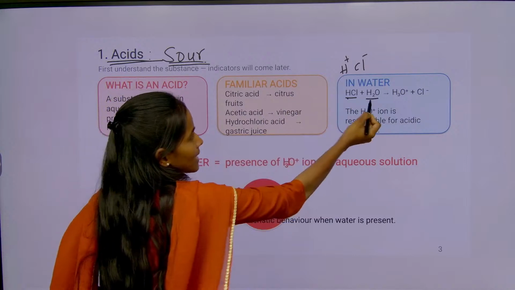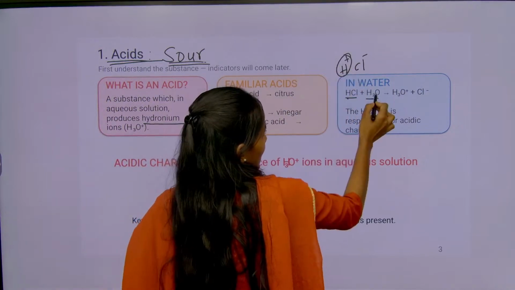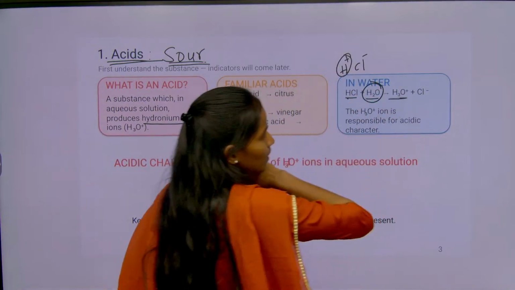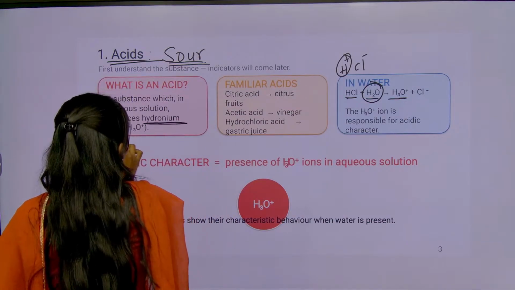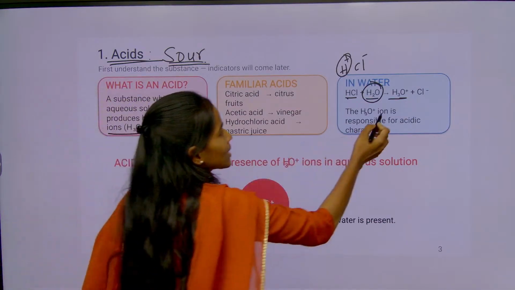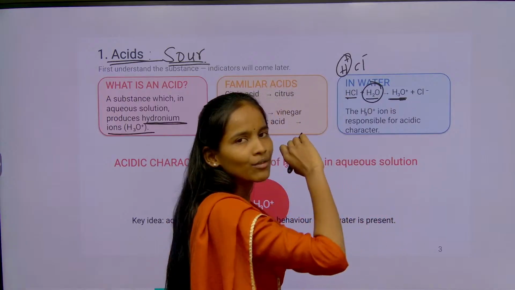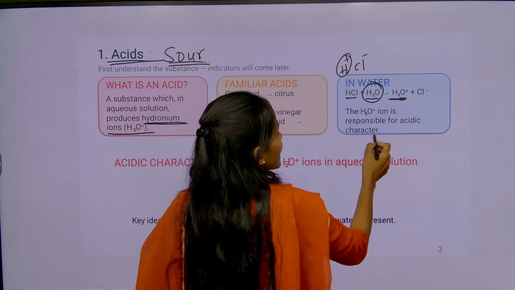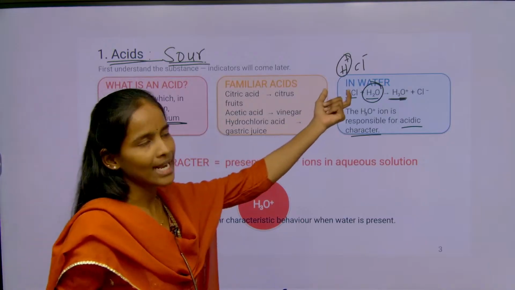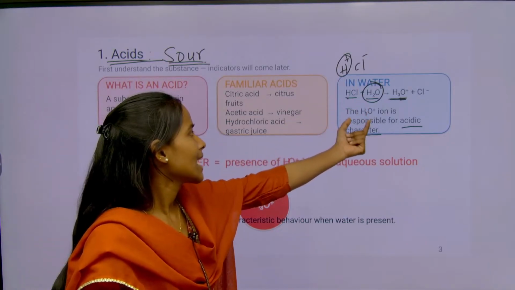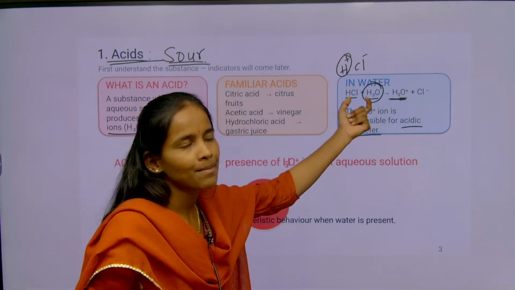In the presence of water, this H+ and H2O result in the formation of H3O+, which we call hydronium ions. By the release of this H3O+ ion, we call it acidic character. So acids generally release H3O+ ions in the presence of water.